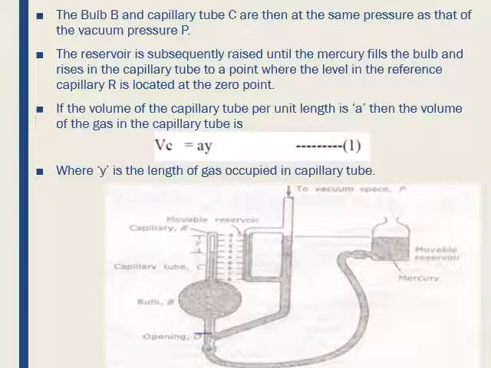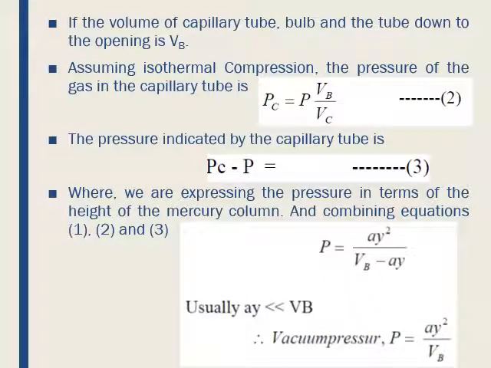Suppose the original volume after the mercury reaches the cutoff is V0, and that is at a pressure P1. Then we can simplify it as V0 into P1 is equal to AY into P1 plus H, which is equal to P1 into AY plus AY square, or V0 into P1 minus P1 into AY is equal to AY square.